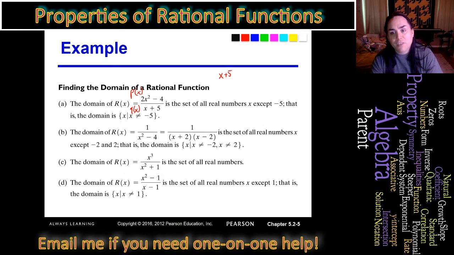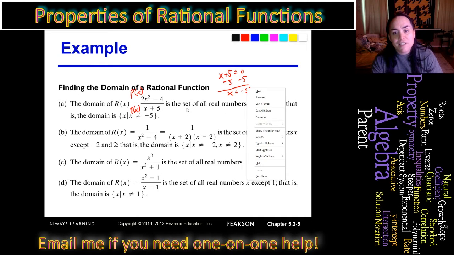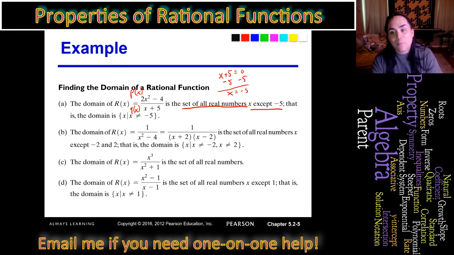Take x plus 5, set it equal to 0, and then solve for x. If you do that, you get x equals negative 5. That means that x can be any value. The domain of x is the set of all real numbers except negative 5, because negative 5 would make the denominator equal to 0, and that's not allowed to happen.